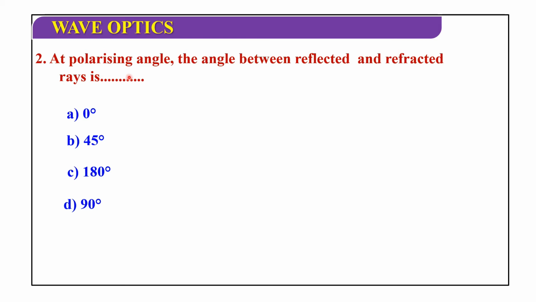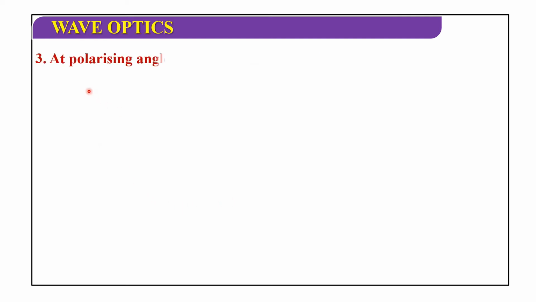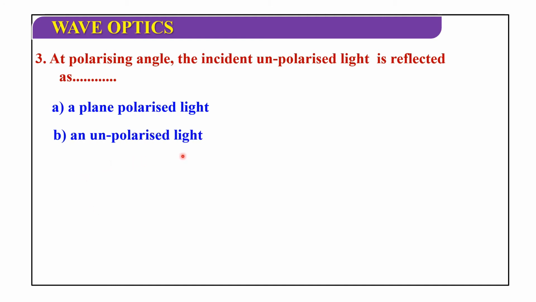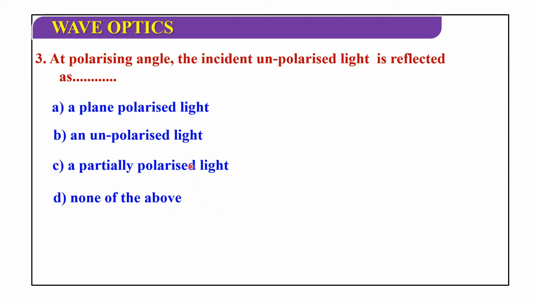At polarizing angle, the angle between reflected and refracted rays is 90 degrees because they are mutually perpendicular. Next, at polarizing angle, the incident unpolarized light is reflected as plane polarized light, unpolarized light, partially polarized light, or none of the above. At polarizing angle, the incident unpolarized light is reflected as plane polarized light.